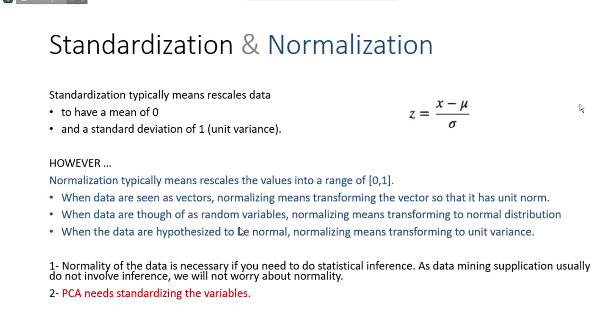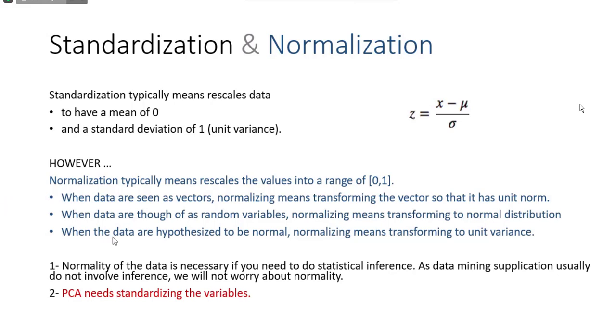And also when we are talking about random variables, and we have seen some observations from them, normalization means transforming to a normal distribution, because there we have the probability. For random variables, normalization means that we get close to the normal distribution. The meaning is a little bit different when we are talking about only vectors.